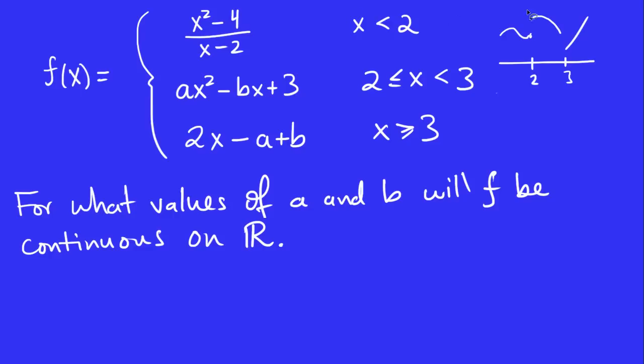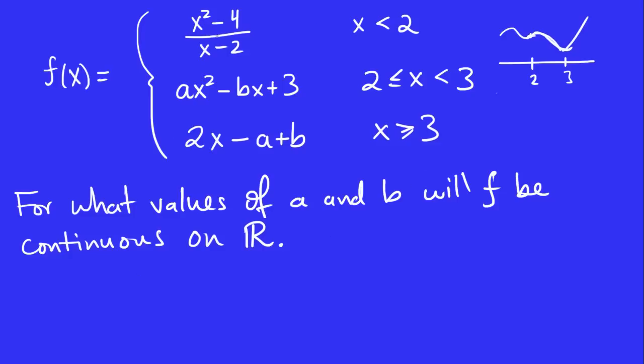Maybe if I choose my numbers a and b really well, I can make it so these graphs perfectly match up nicely. I guess this needs to be a little bit longer, but you get the idea, I hope, right? What value of a and b is going to make these three pieces all connect nicely together?